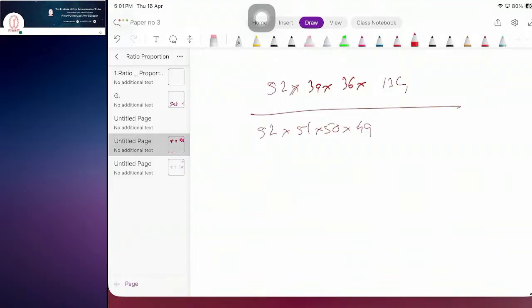Let's find this value. 52 gets cancelled. 13, 36, 13.